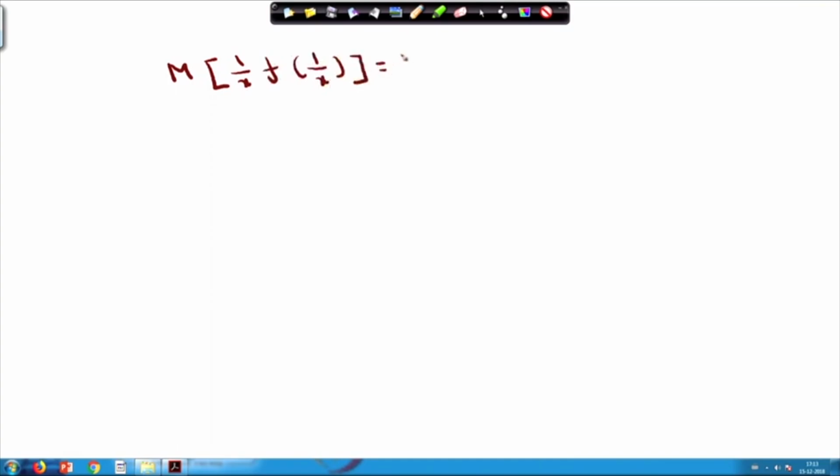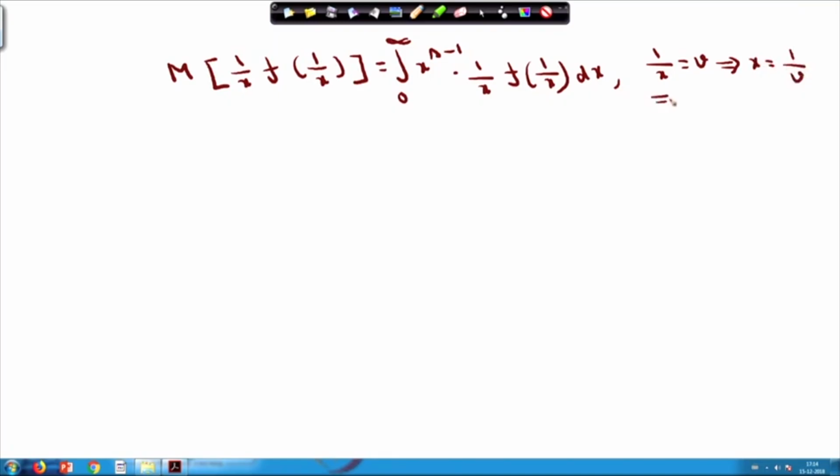This equals, from the definition again, the integral from 0 to infinity of x to the power s minus 1, 1 by x, into f of 1 by x dx. Now again you substitute 1 by x equals v, so that x equals 1 by v, and dx is minus 1 by v square dv.